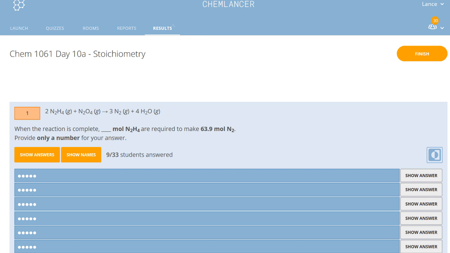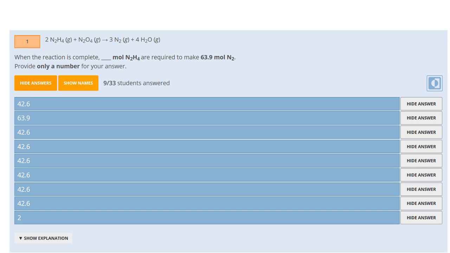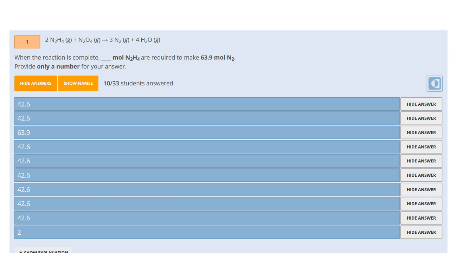So based on that, you should be able to go back and say, now if we have 63.9 moles of N2, how many moles of N2H4 can we make? Of the 9 people that answered, let's see how they did. It looks like most of them correctly came up with 42.6 as the result.